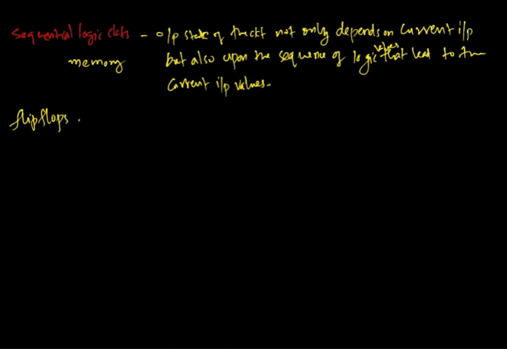In these lectures, we will discuss the flip-flop. In this lecture, we will discuss a particular type of flip-flop which is called the RS flip-flop, and in the next lecture, we will discuss another type of flip-flop which is the JK flip-flop. Even though flip-flops are considered to be memory elements, they have no storage capacity by themselves.